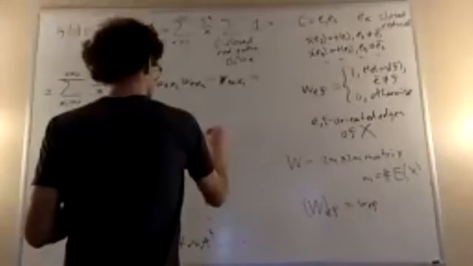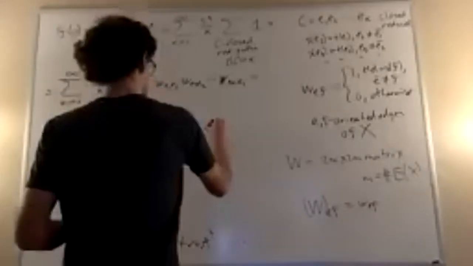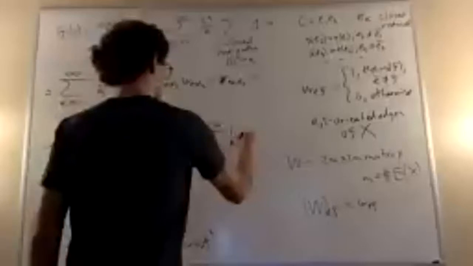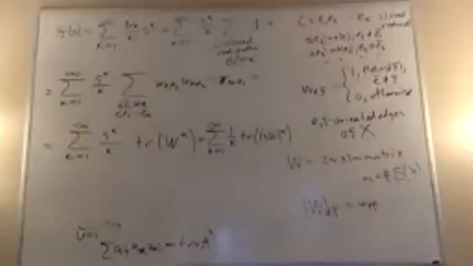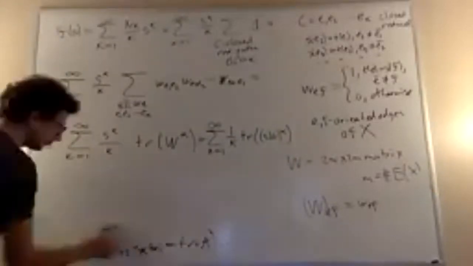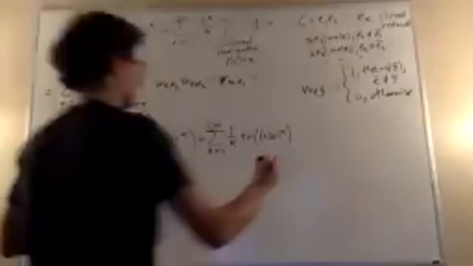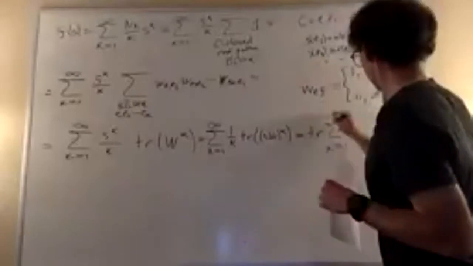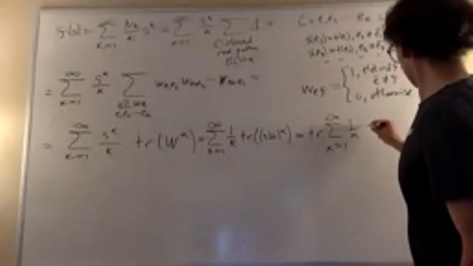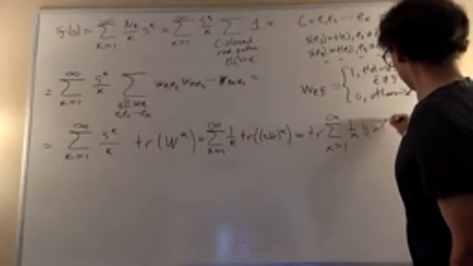So this is the sum from k equals 1 to infinity of 1 over k trace of (sW) to the k. And now a trace is a linear operation on matrices, so I can pull it out of my sum: the trace of the sum of 1 over k (sW) to the k.